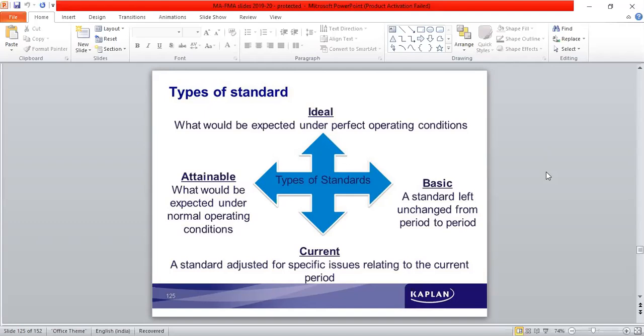In case of cost, they can spend as much as the standard cost or less. But if they spend more, that is overspending. They are not allowed to spend more than the standard cost. If they spend more than that, it is considered an adverse or unfavorable variance. Variance is a deviation from the standard.